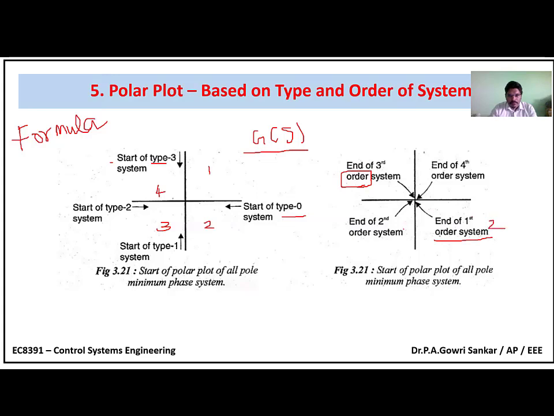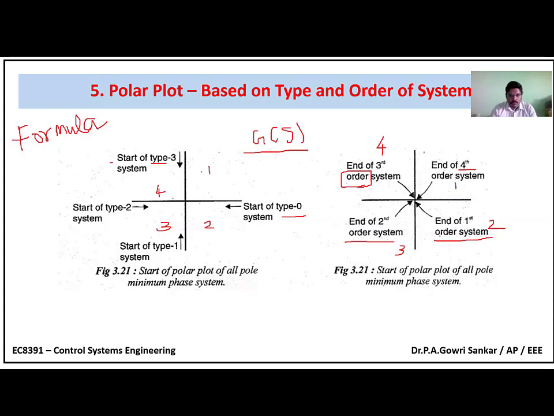If the order is 2, the curve ends in the third quadrant. If the order is 3, the curve ends in the fourth quadrant. And if the order is 4, the curve ends in the first quadrant.